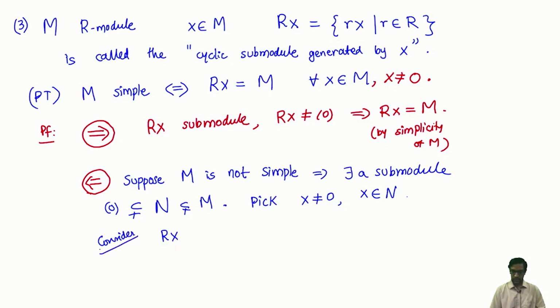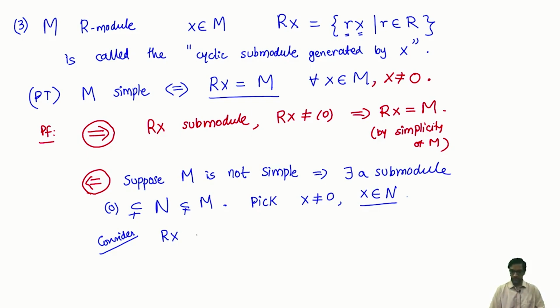Now, what do we know? Every cyclic submodule is supposed to be the whole module, but since x comes from N and N is a submodule, what does it mean? If x is from N and I multiply x by any scalar, the answer is again in N because N is a submodule.